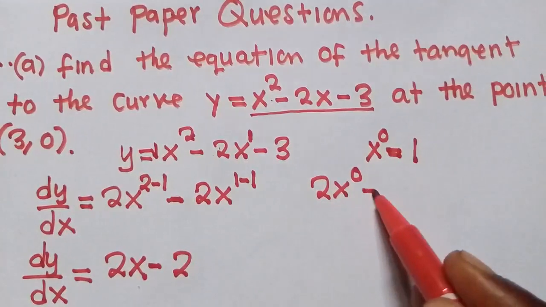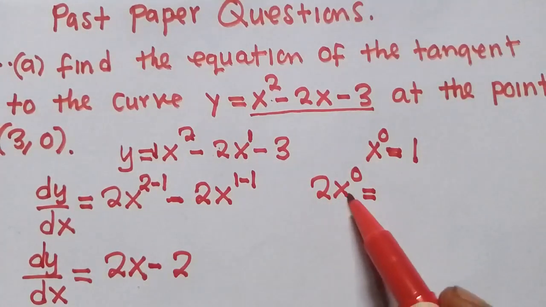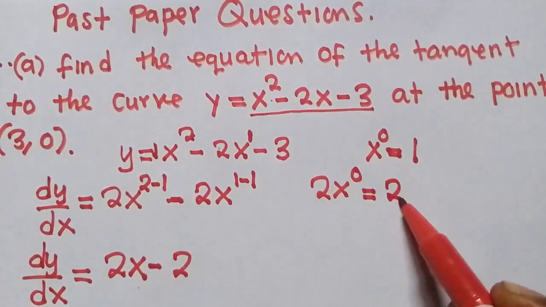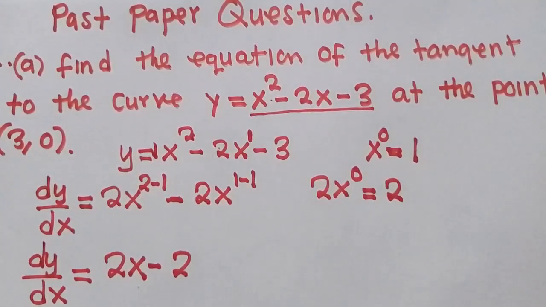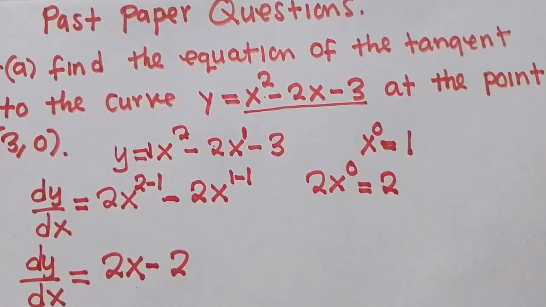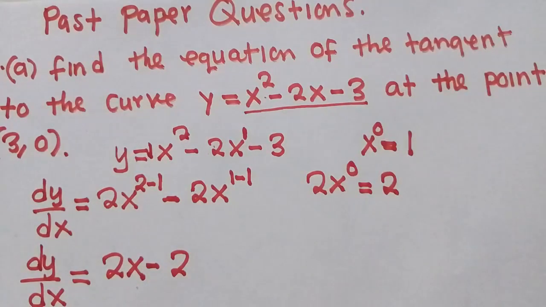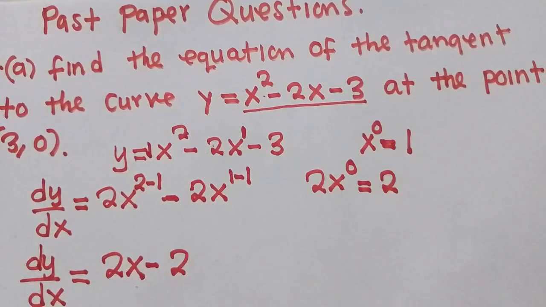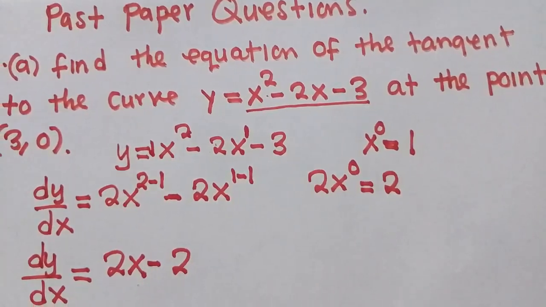So in this case, this is just the same as 2x power 0 is equal to 2. You just have a 2. So that's how you need to go about this one. These are things that you need to know. This is how we found this answer.